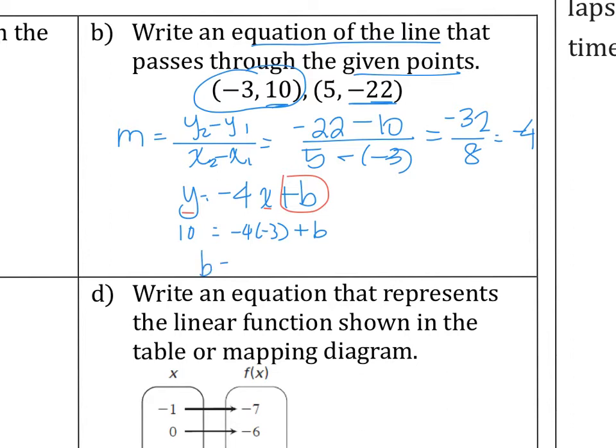And then b will be negative 2. Now that I have my y-intercept and my slope, I can write the equation of the line. y equals negative 4x minus 2.